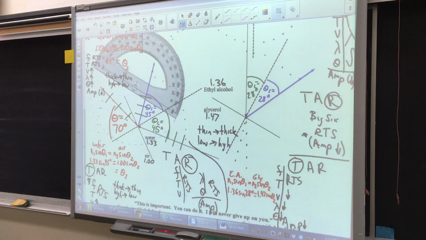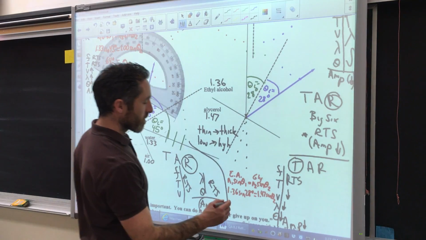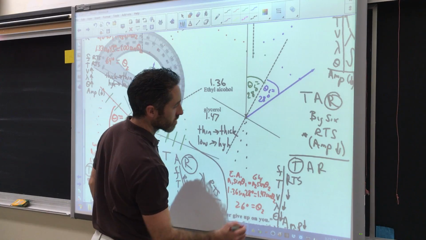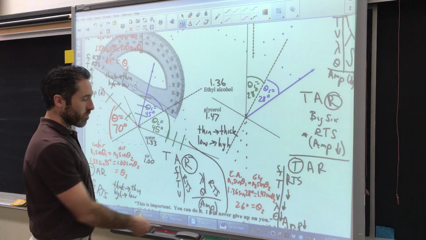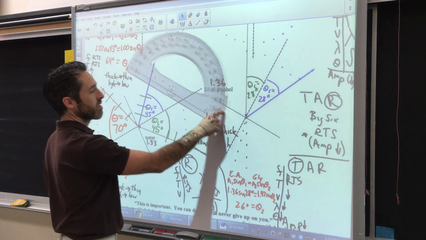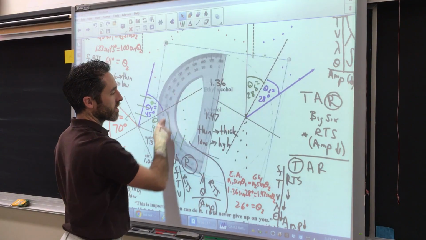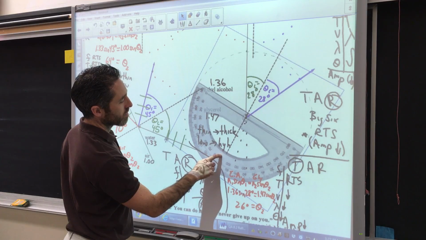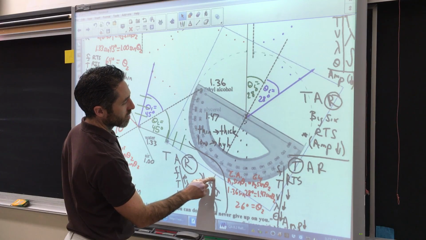I got 25.7. So we can roughly call this 26 degrees, which is not much different than 28 degrees, but it is different. So now, amidst all this mess, to flip our protractor around, bring it over here.